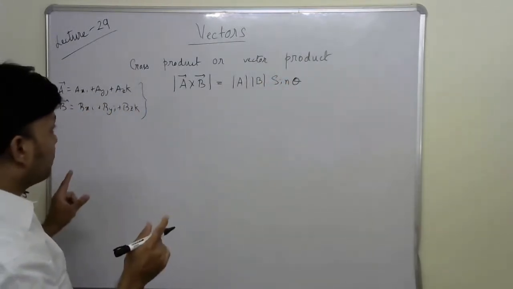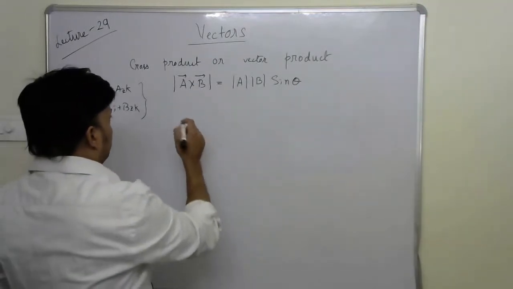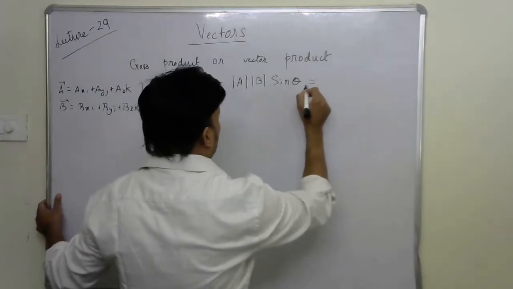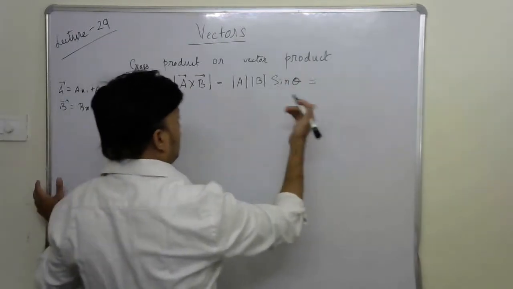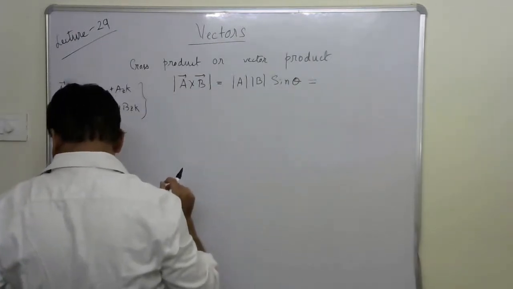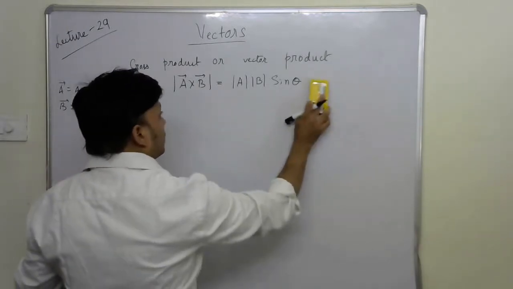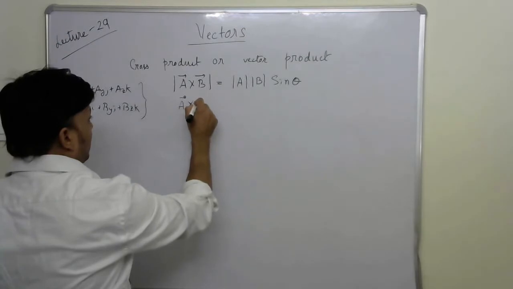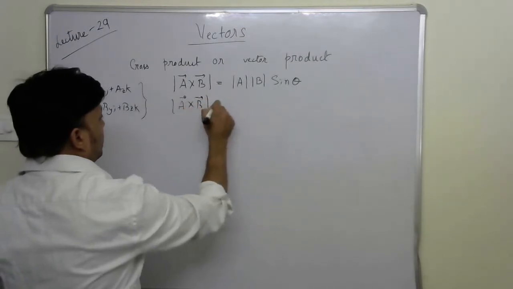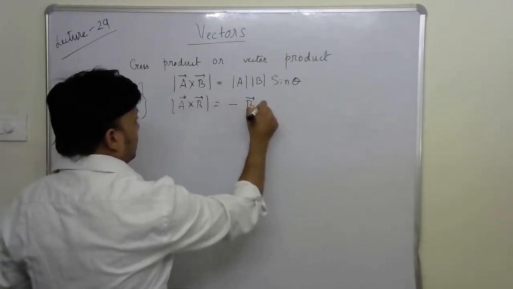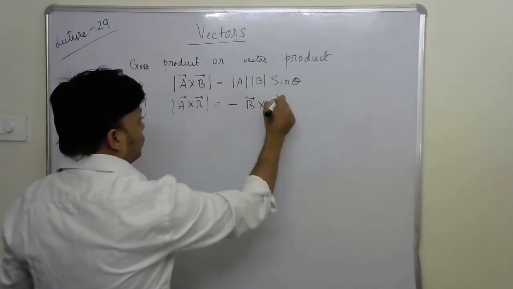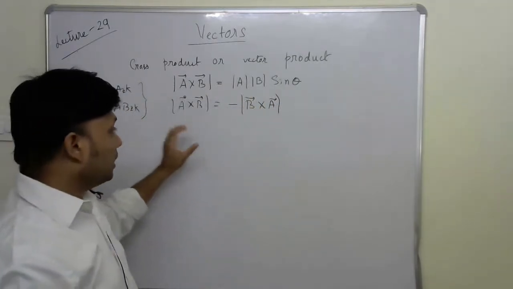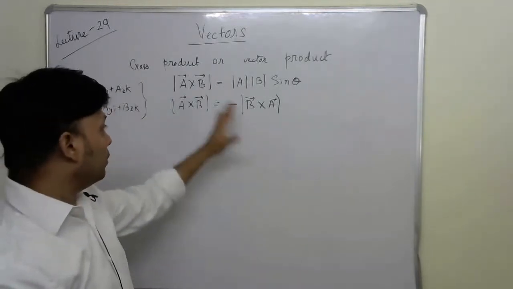Remember that A cross B is not the same as B cross A. We can write A cross B is equal to minus B cross A. So which vector you select first during the multiplication becomes important, as that defines the sign.